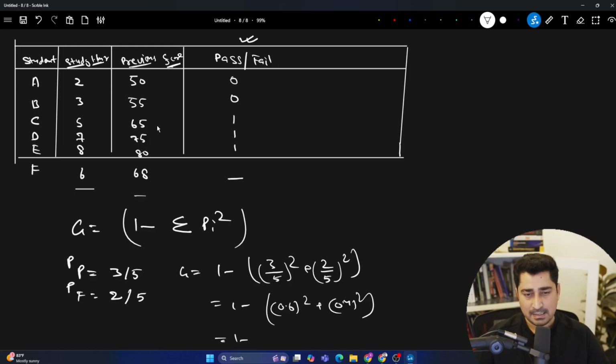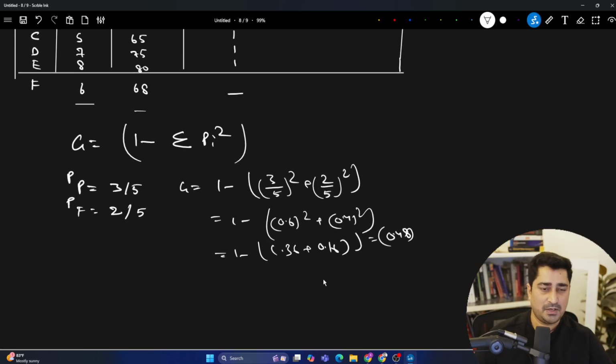So 1 minus (0.36 plus 0.16), since 4 squared is 16, 0.16, right? So here this Gini is going to be 0.48 if you do the calculation. So Gini is going to be 0.48.